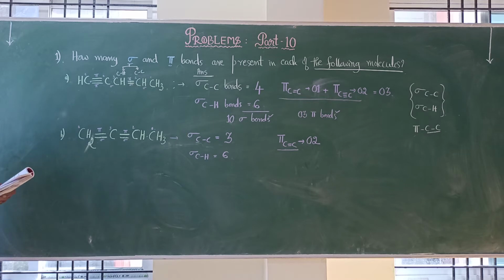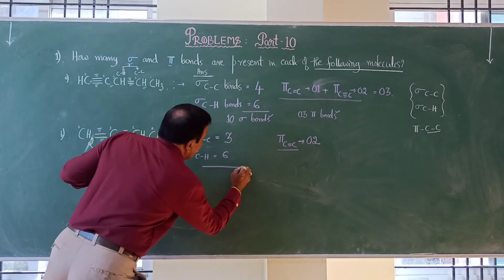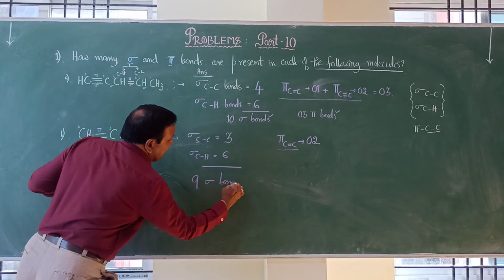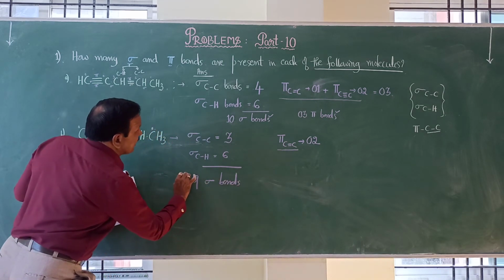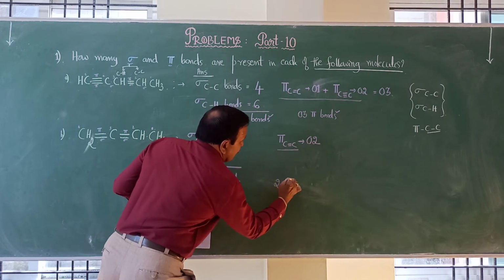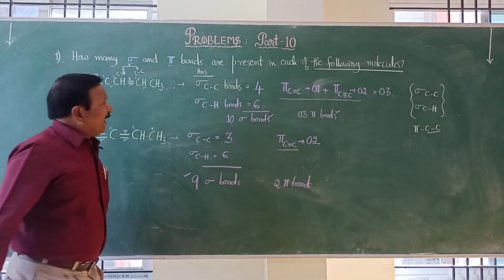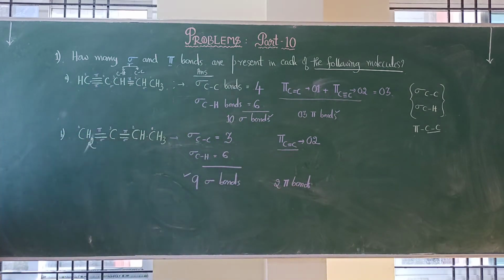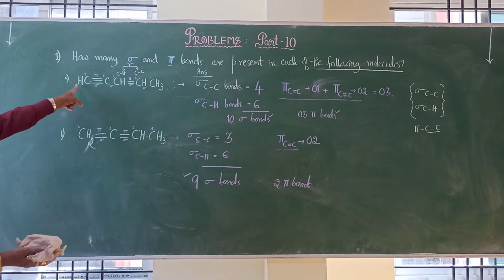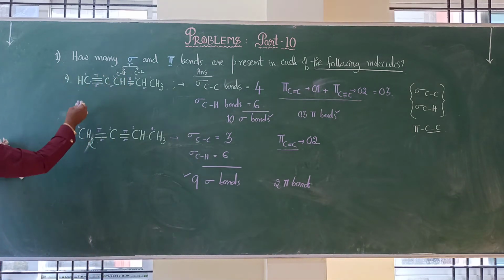And in the second case, you are having 6 plus 3, 9 sigma bonds totally, irrespective of carbon, hydrogen, 9 sigma bonds are present and 2 pi bonds. Okay? And for practice, what you have to do? To understand the sigma and pi bond very clearly, you elaborate this. If you elaborate the structure, then it will be so clear for you.